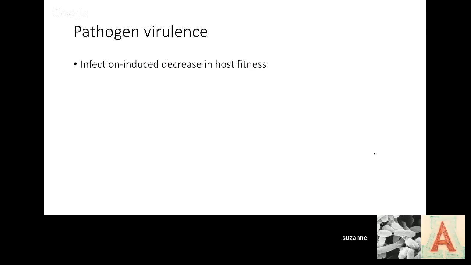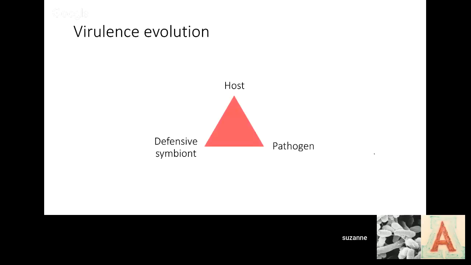So pathogen virulence is defined as the infection-induced decrease in host fitness. And so it's basically the harm that it causes to the host. And it's assumed to necessarily be a consequence of pathogen replication. So just as it uses host resources, it causes harm to the host.